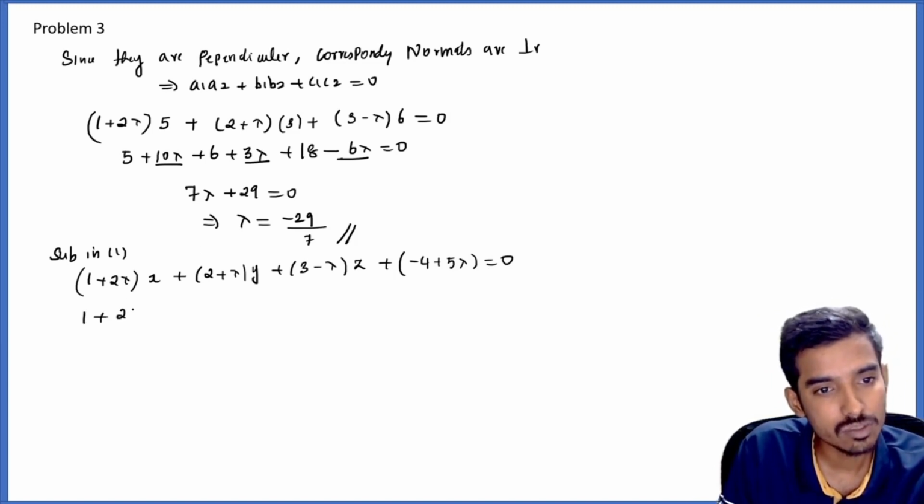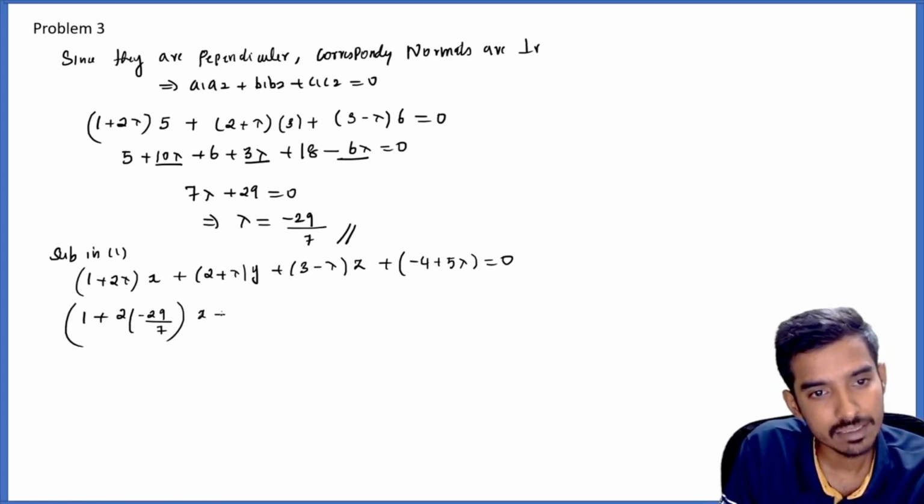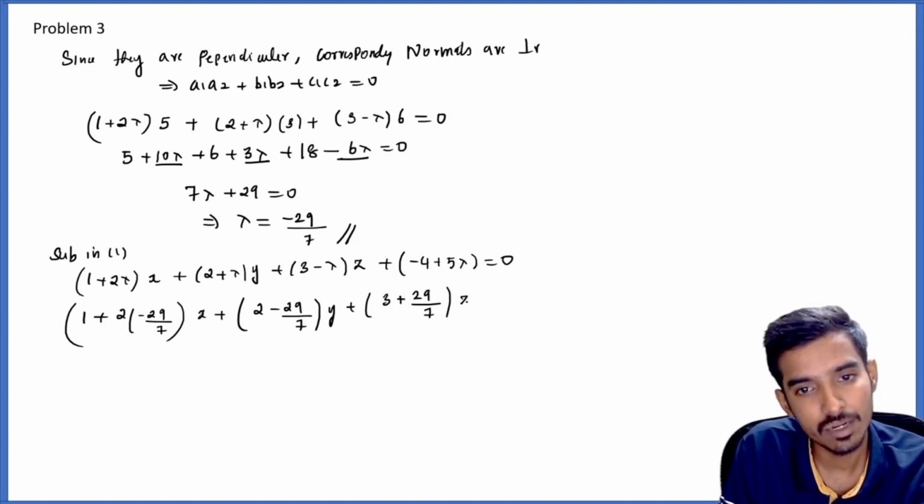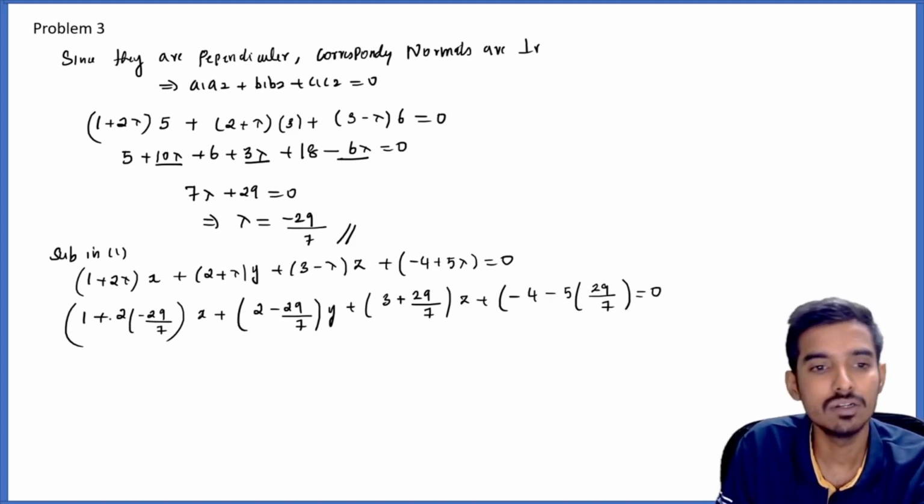So (1 plus 2 into minus 29 by 7) into x, (2 minus 29 by 7) into y, (3 minus of minus 29 by 7) so it will be plus 29 by 7, into z. So minus 4 minus 5 into 29 divided by 7 is equal to 0.